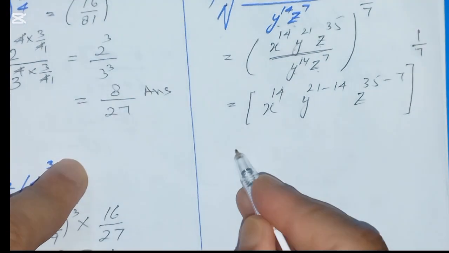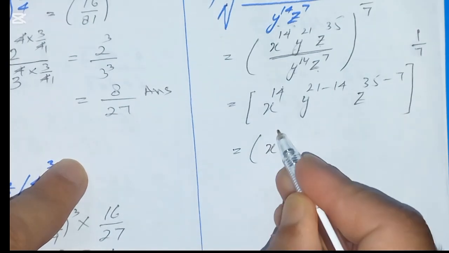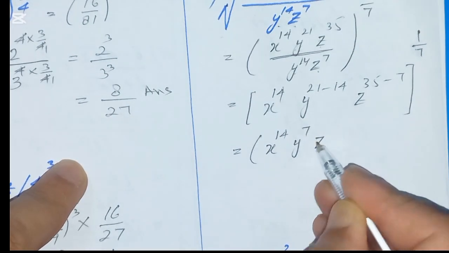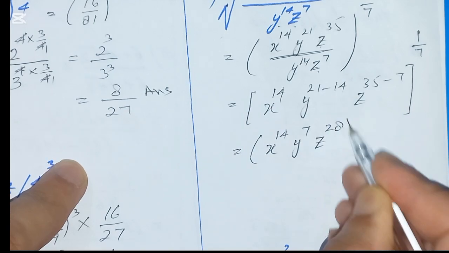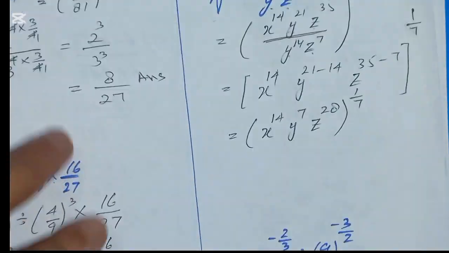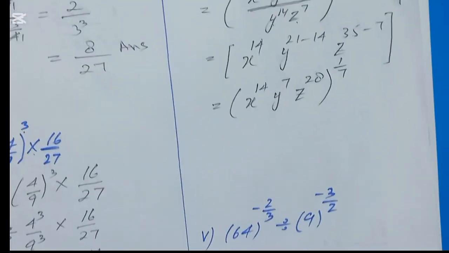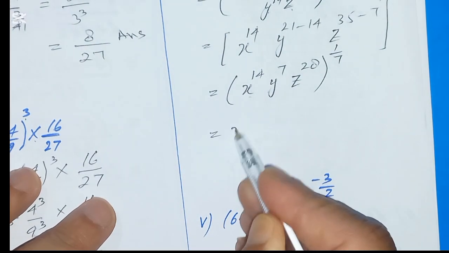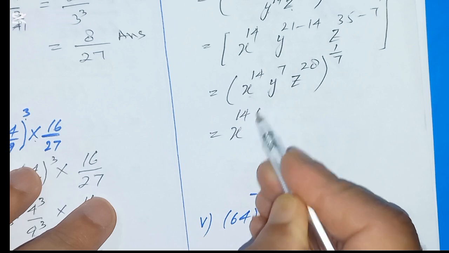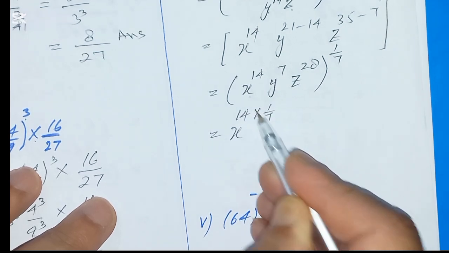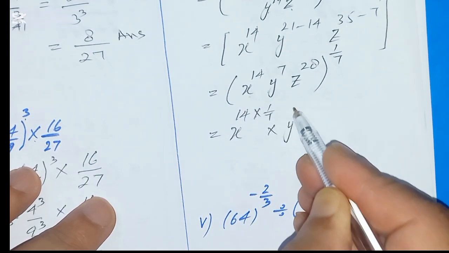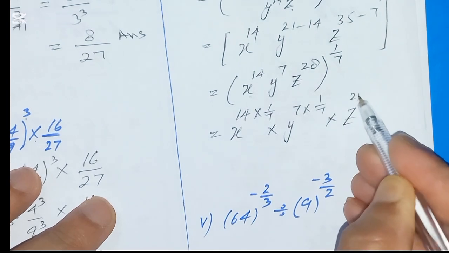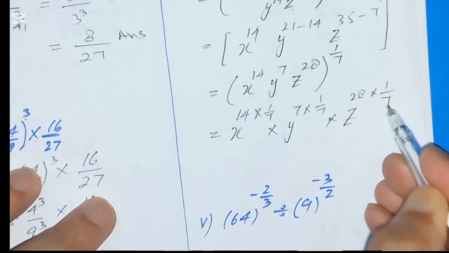In the next step we can write x power 14, y power 7 and z power 28 whole power 1 by 7. So this power 1 by 7 is the power of all three values. Therefore we can write x power 14 multiply 1 by 7 and y power 7 multiply 1 by 7 and z power 28 multiply 1 by 7.